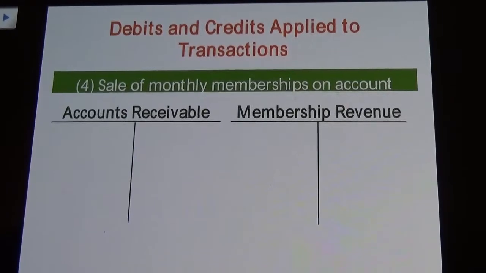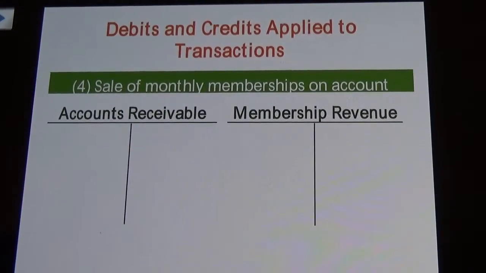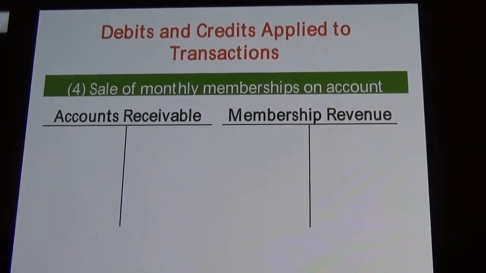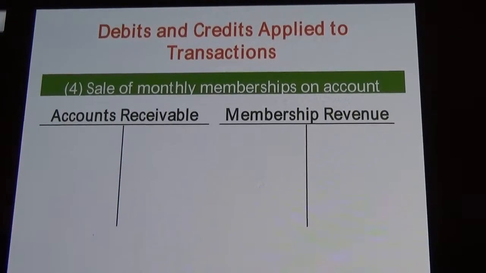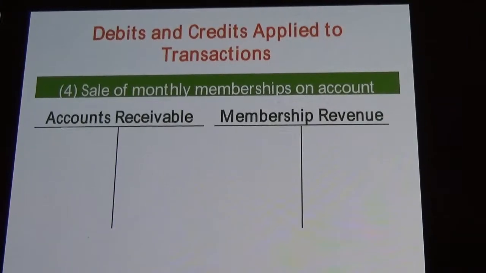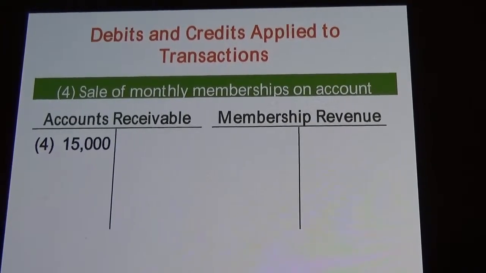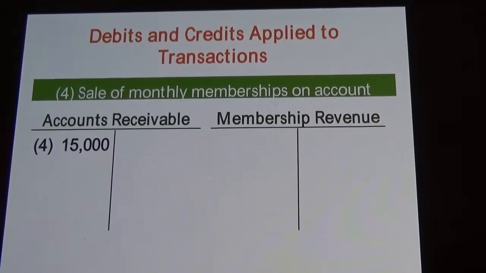When we sell monthly memberships on account, accounts receivable is an asset account. That asset we said was increasing when we analyzed this transaction before. And so we're going to record a debit to the accounts receivable for the $15,000 that the customers owe us for those memberships.